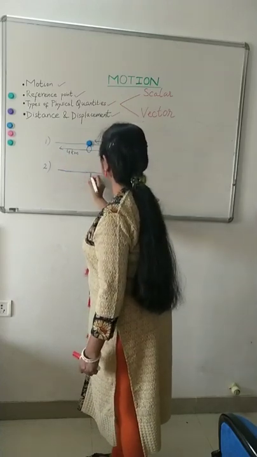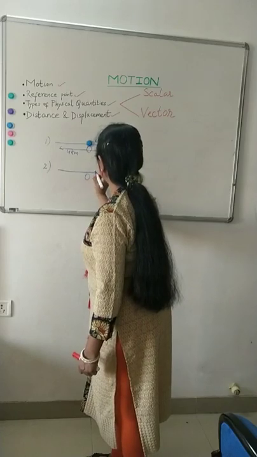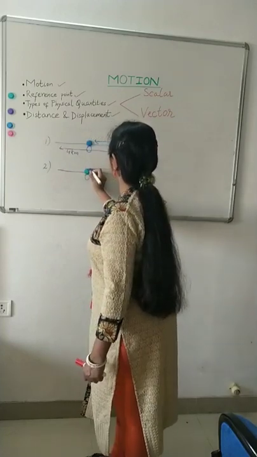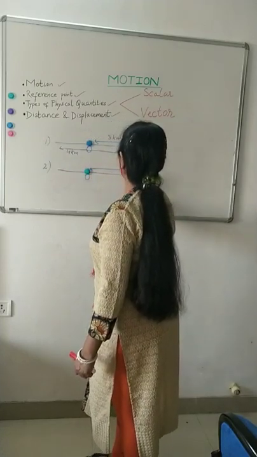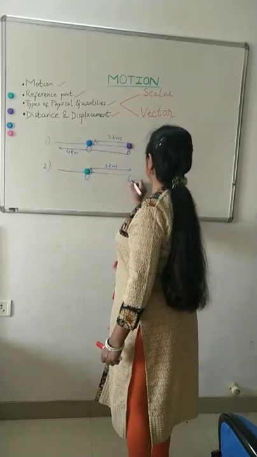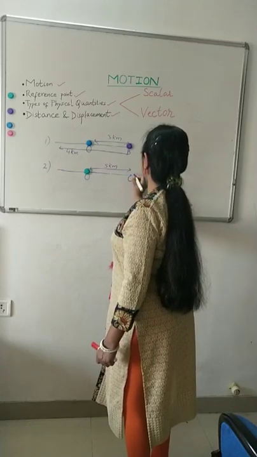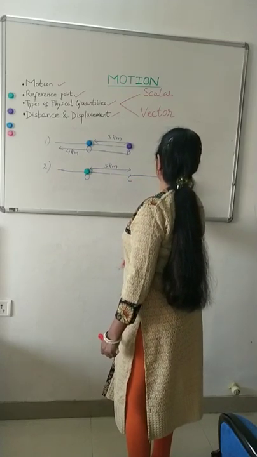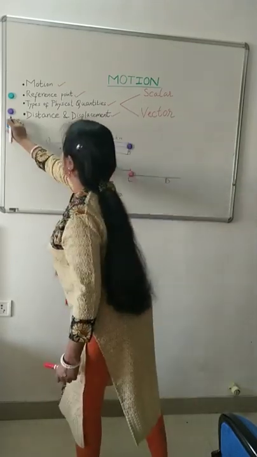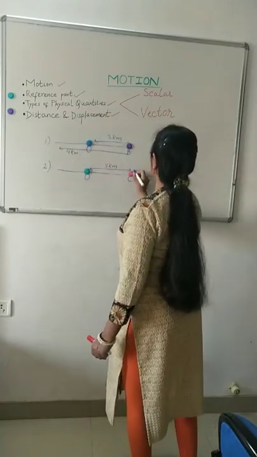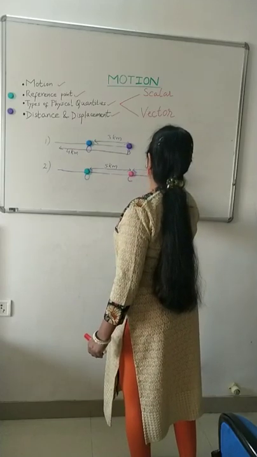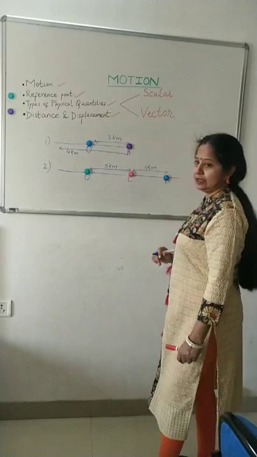He starts from origin O and he travels 5 kilometers till point C, and again he moves 4 kilometers more in the same direction till point D, right?